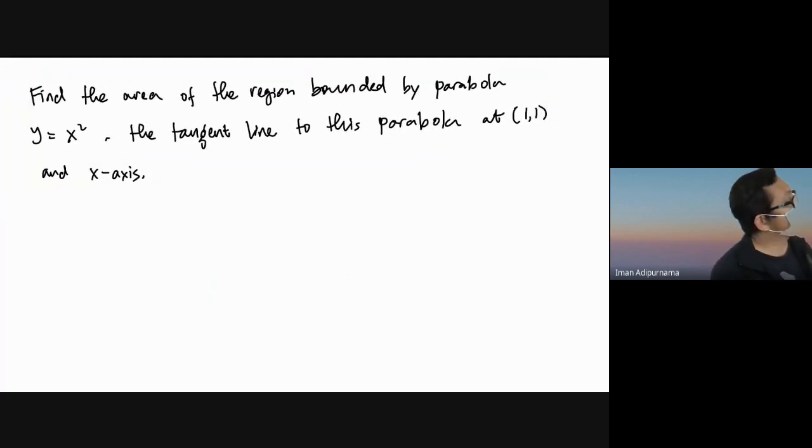Now we have the parabola x squared, and the other curves are its tangent line and the x-axis. So maybe we need to draw, because it's not really difficult, right? It's just a simple parabola with a tangent line.